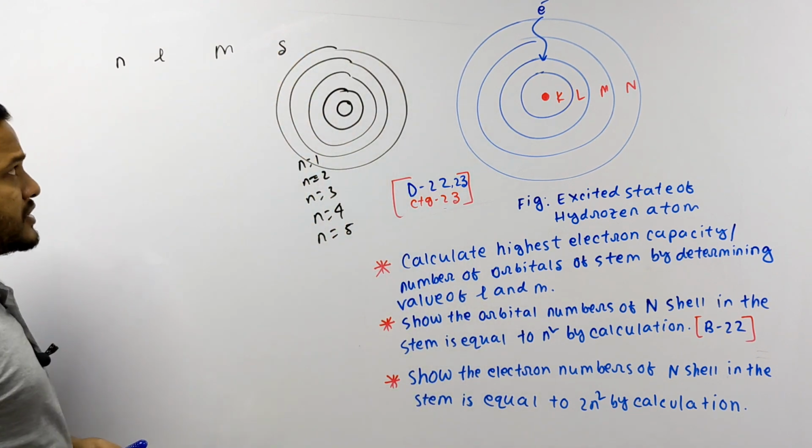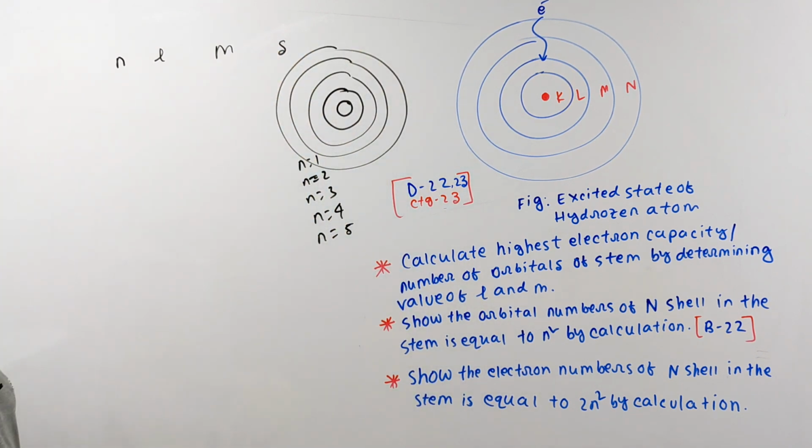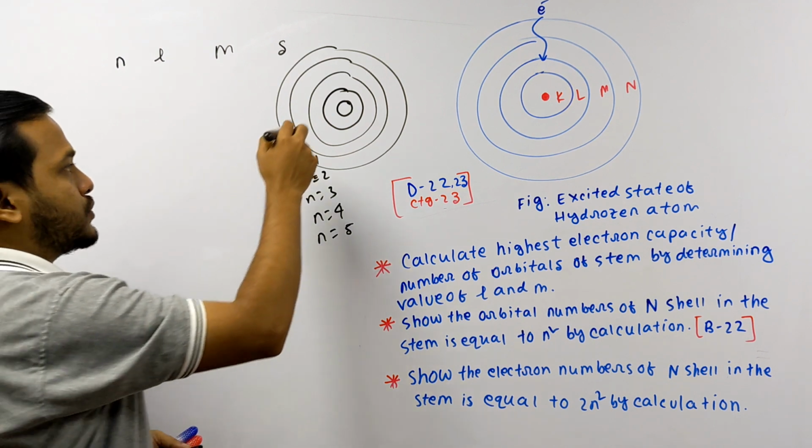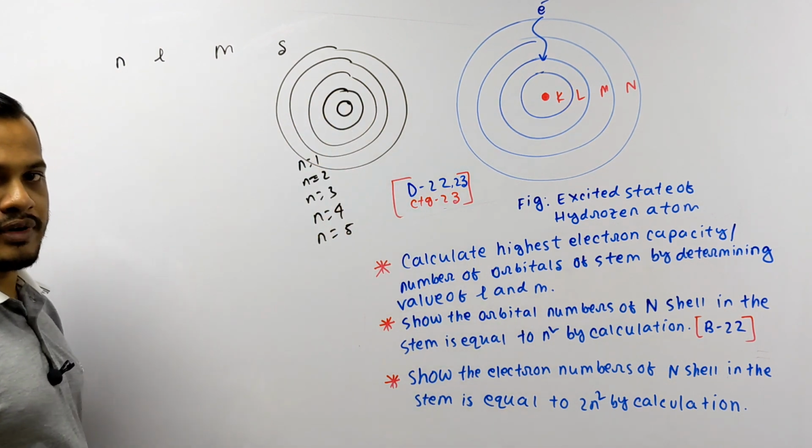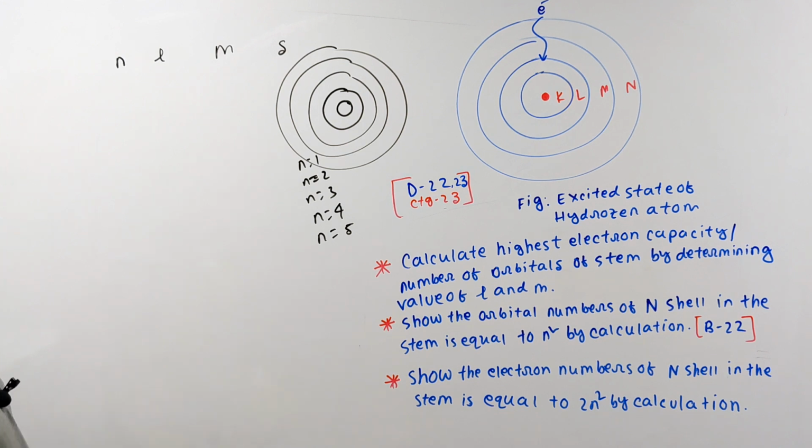Generally n describes the principal quantum number, or principal shell, or main energy shell, or orbit, or the 2D circular path of the electron, or the path of the rotating electron.